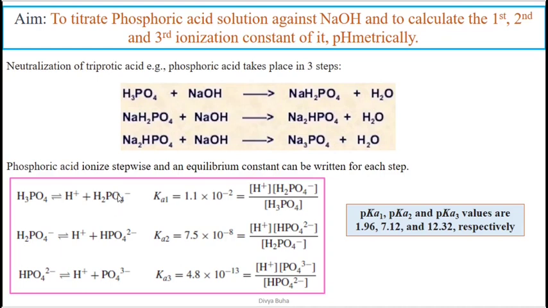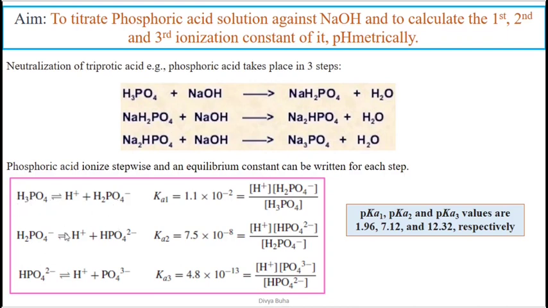Over here you can see that step after step, the negative charge increases from -1 to -2 to -3, right? So as negative charge increases, it makes the release of the next proton quite difficult. Initially there would be 3 protons and no negative charge, so one of the protons could be easily ionized.